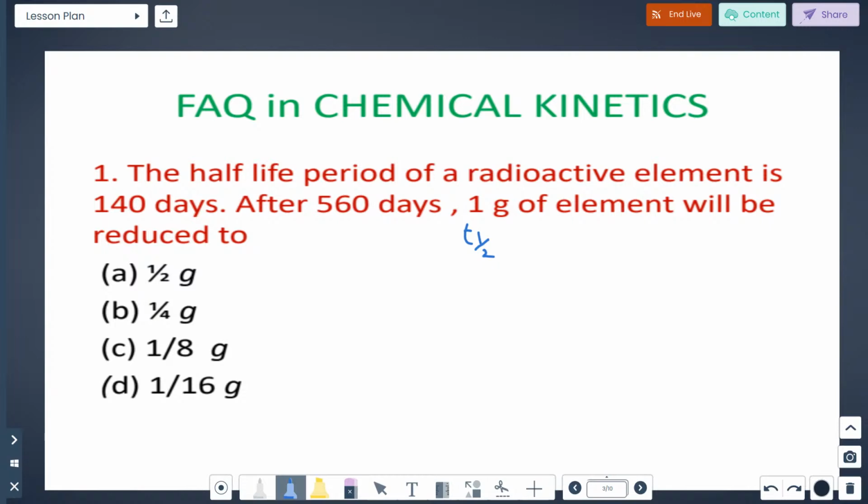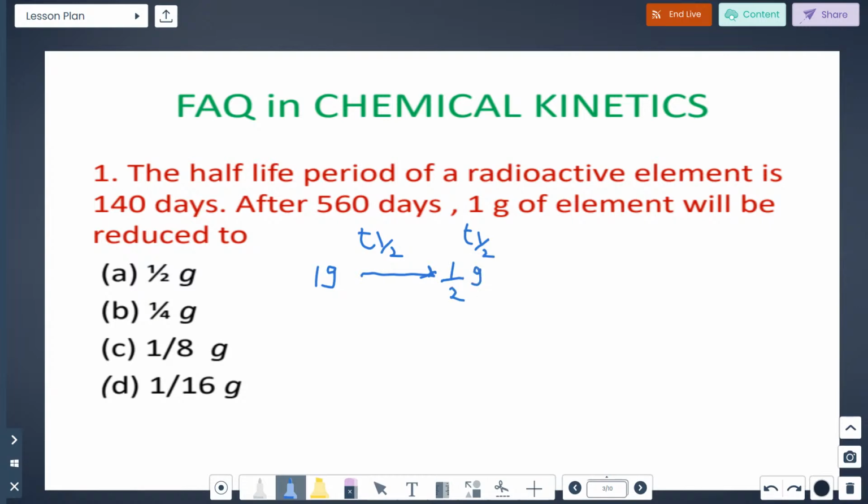That's the question. Suppose you have 1 gram; 1 gram becomes 1/2 gram. That time duration is called the half-life period.